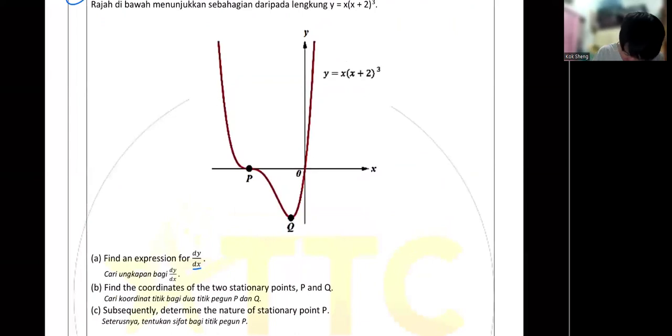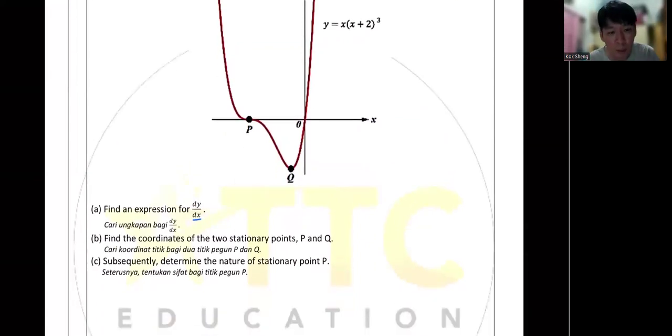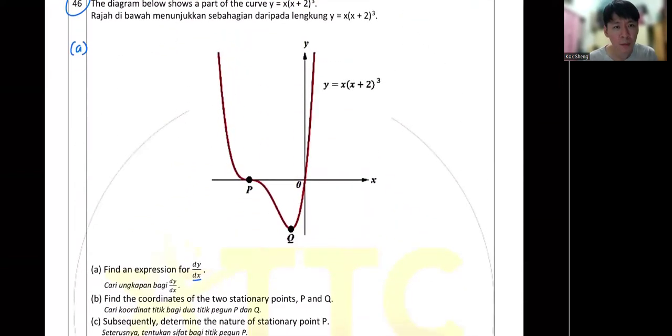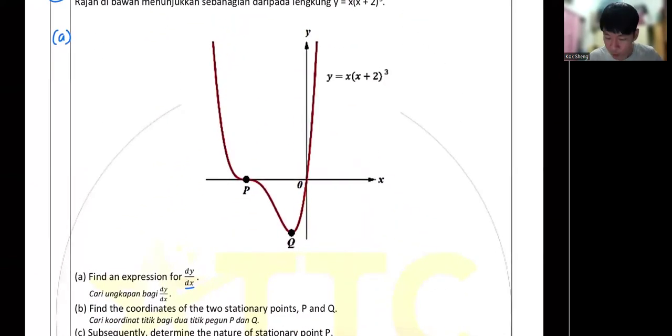Okay, the working I write here. You can write at the bottom. Bottom got more space for you. So to do the differentiation, this time you can see that the bracket cannot expand. So this one need to go for the third type of the differentiation, the copy left right method.